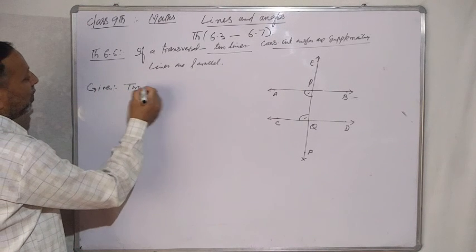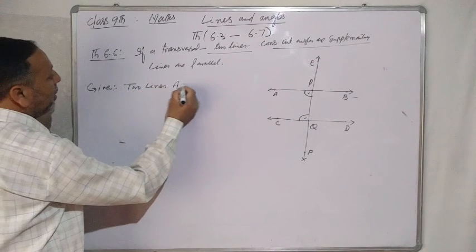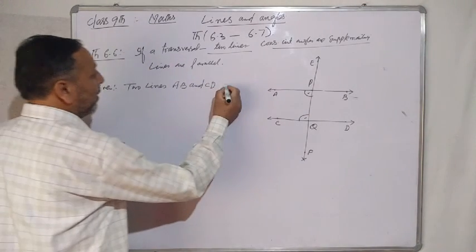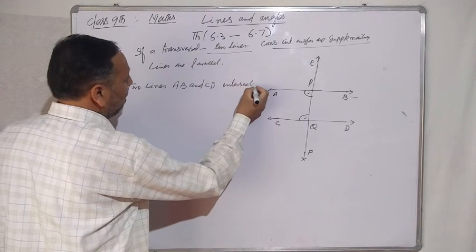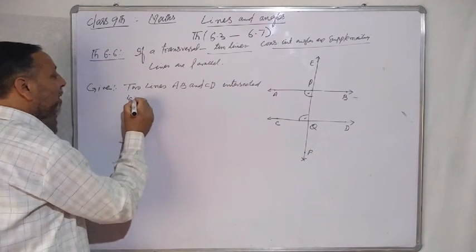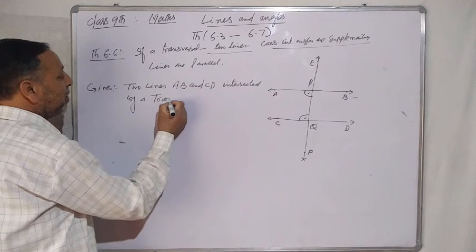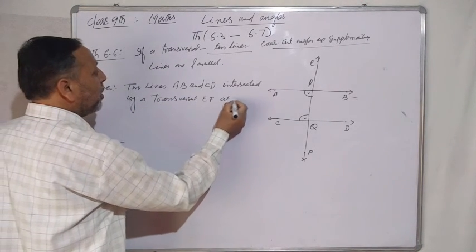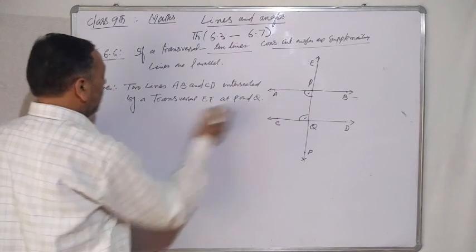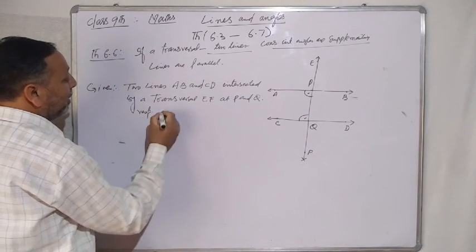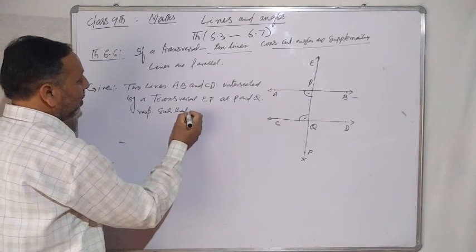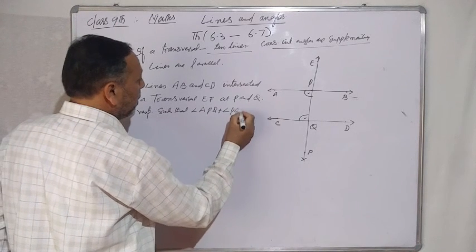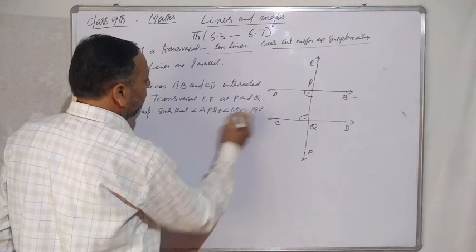Two lines AB and CD intersected by a transversal EF at P and Q respectively, such that angle APQ plus angle PQC is equal to 180 degrees.